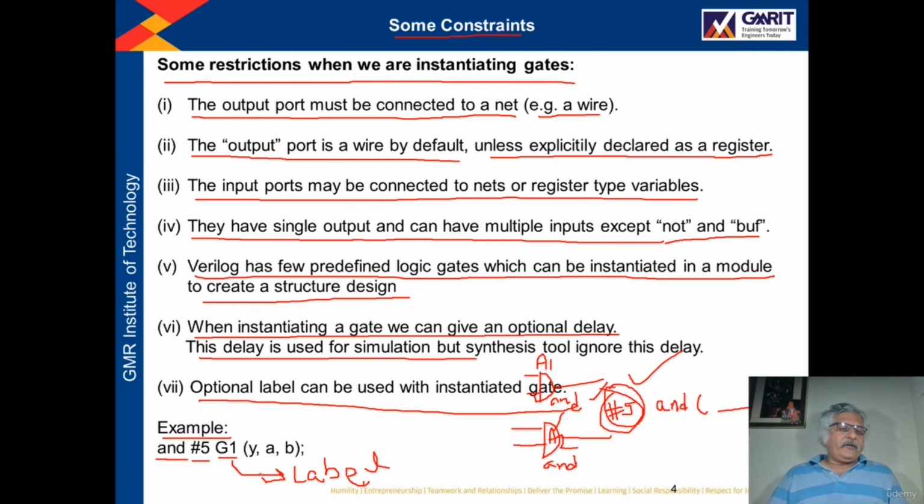If you don't want it, then you don't write it. And within the bracket, whatever you write first will become the output port, right? Since all the gates have a single output, the first identifier will be the output and the remaining will be your inputs.